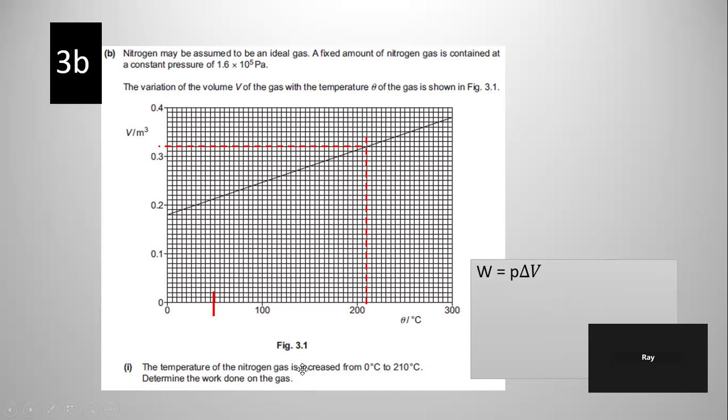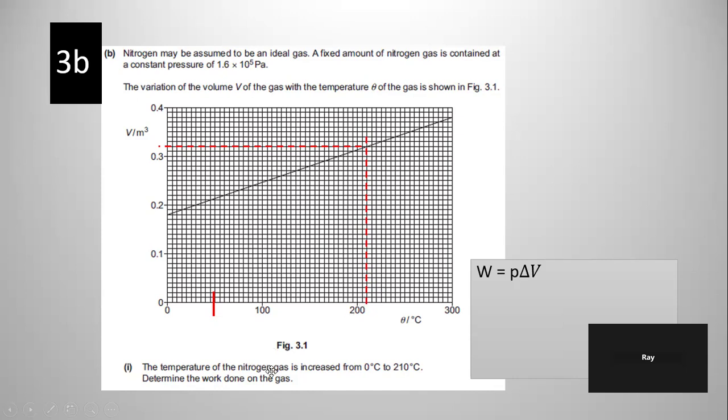The temperature of the nitrogen gas is increased from 0 to 210, from 0 to 110 on the graph. This is 20 square, 20 square, so that's why I mark it down. You can count about 10 square, 10 square, so this is 210.